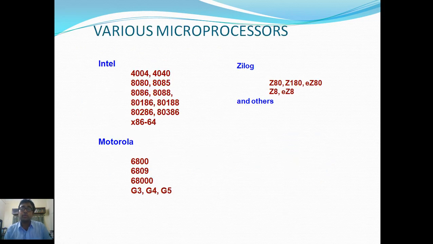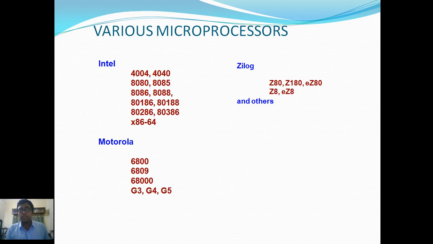Now, various microprocessors are Intel 4004, 4040, 8080. They are different. In the case of the Motorola 6 series, 6800, 6809, 68000, G3, G4, G5, all these were included as time passed by. In the case of Intel, we have x86, 64.